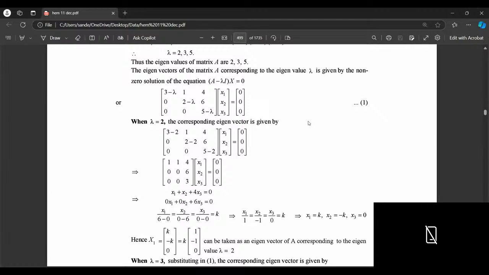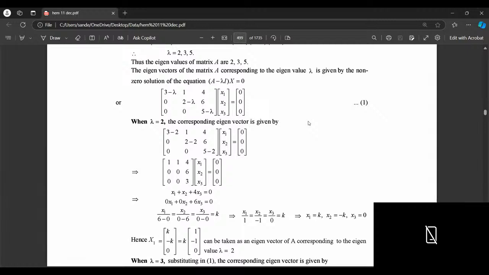So you will get equations: x1 plus x2 plus 4x3 equal to 0. The second equation will be 0x1 plus 0x2 plus 6x3 equal to 0.